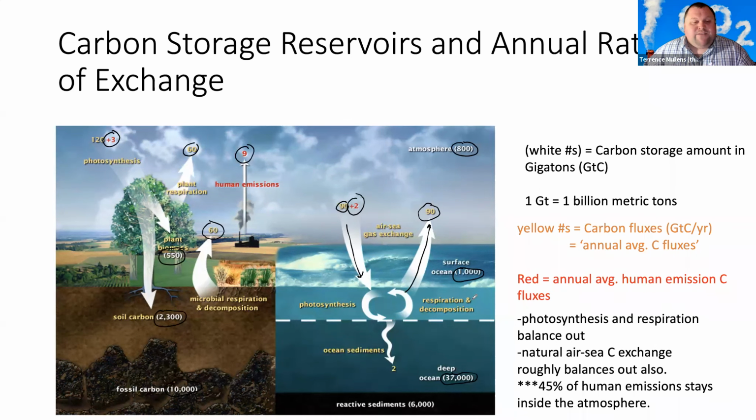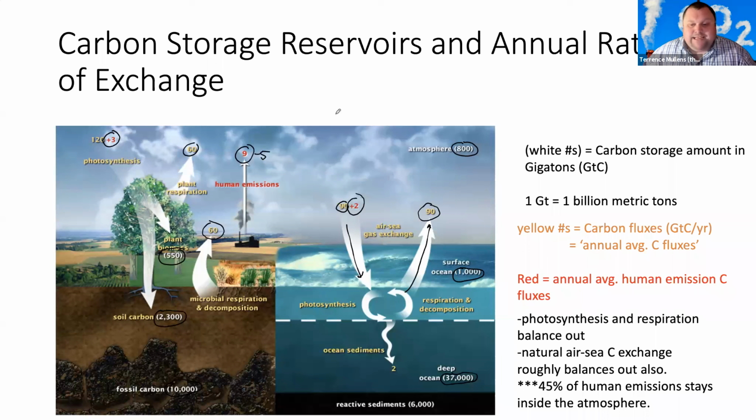But if you crunch the numbers, 9 gigatons are added by humans. 3 are removed via photosynthesis. 2 are removed via exchanges with the ocean. What about the remaining 4? So 5 of these gigatons are removed by natural processes, but the other 4 aren't.